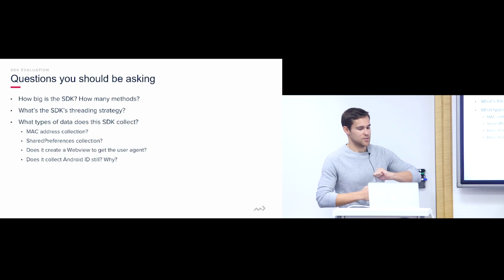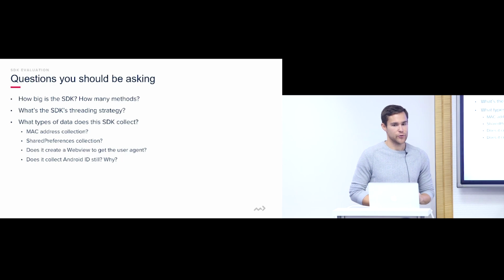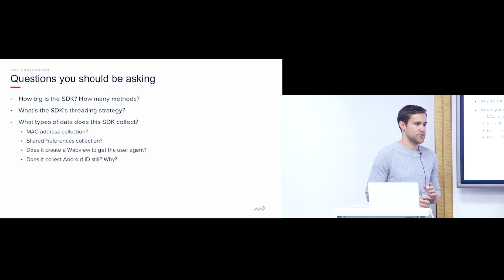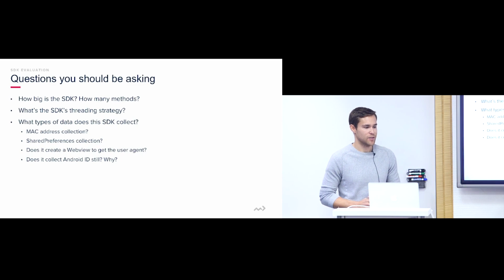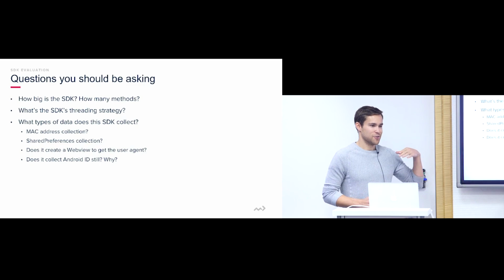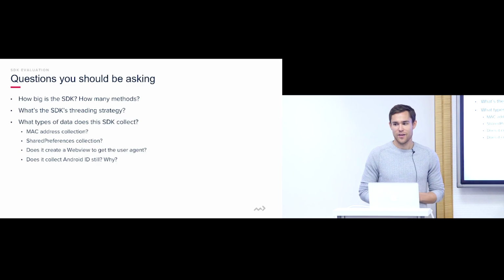Another thing I've seen related to attribution is grabbing the user agent. Prior to Android 4.2, there was no way to grab the user agent without instantiating a whole web view in the background. So it's still pretty common that you initialize an SDK while you're showing the user their first user experience, a super important part of the app, and a web view is being created in the background.